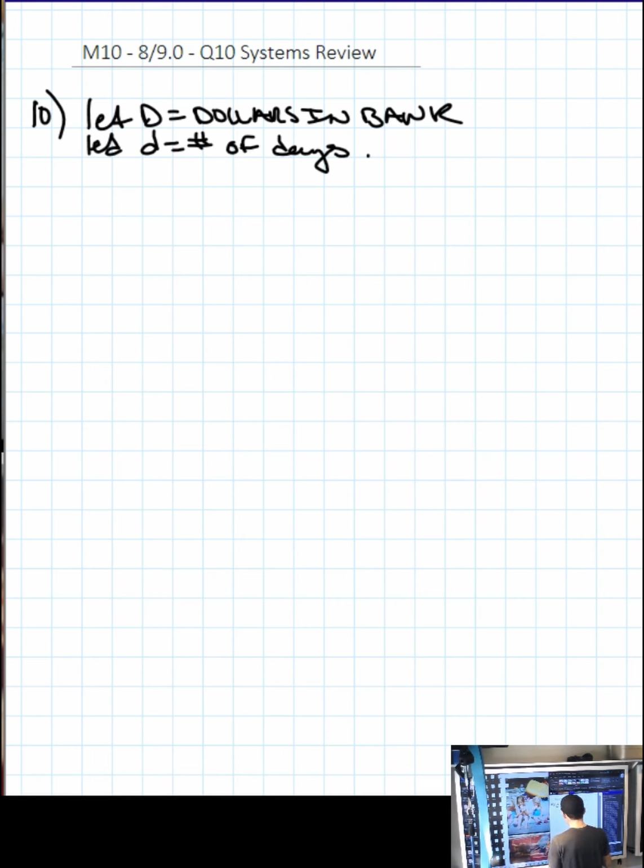So Kira has $2 in the bank right now, so Kira's equation is D equals 2 plus 0.5d. So that is in the equation y equals mx plus b, but it's in the form b plus mx. A lot easier to create the word problems in this form first.